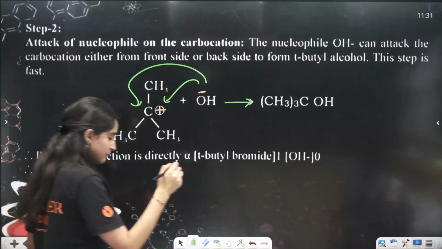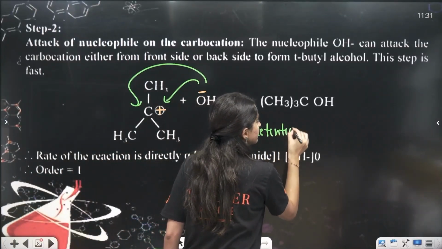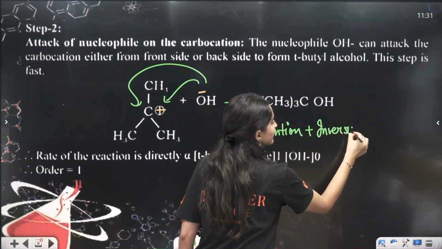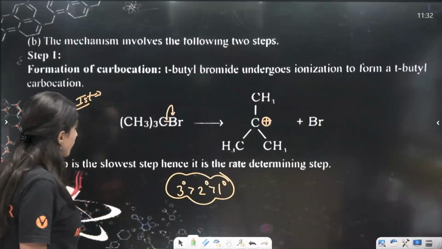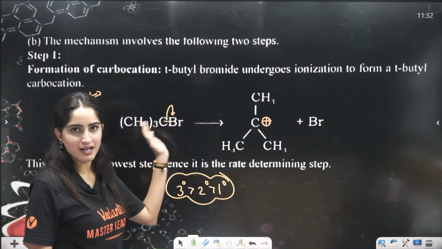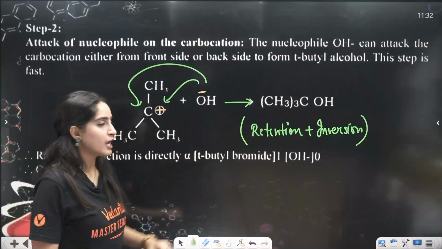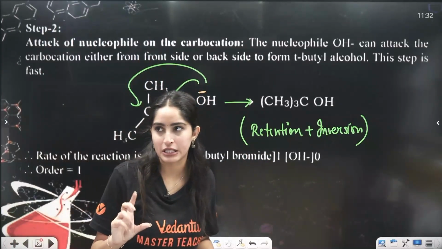But this product will be retention and inversion, as there will be attack from both sides. If the attack is from the same side, as we know that from the right side only bromine has left, then there is retention. If the attack is from the opposite side, then there is inversion of configuration, right?